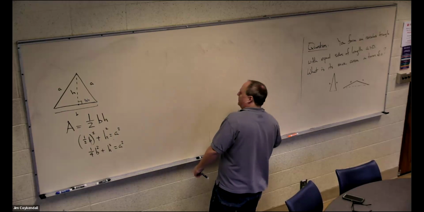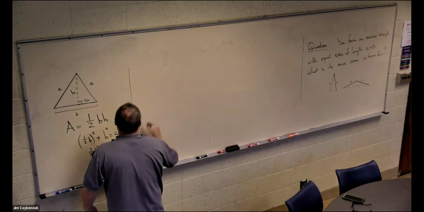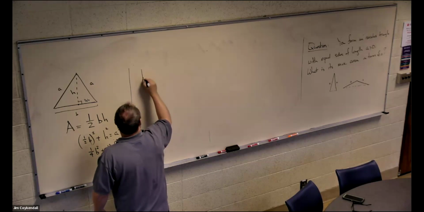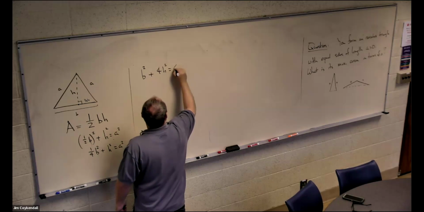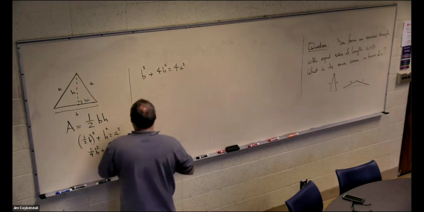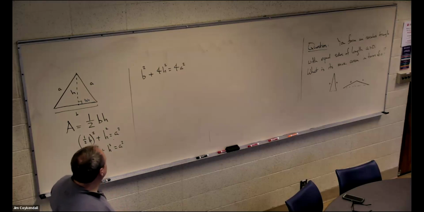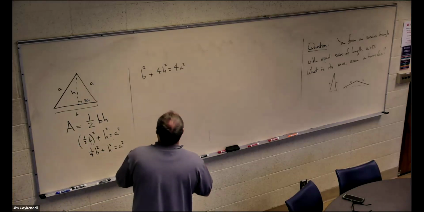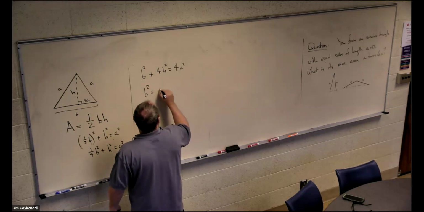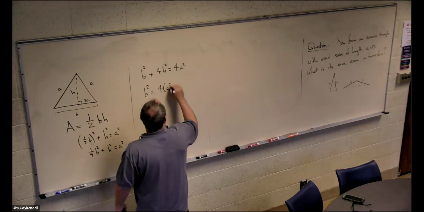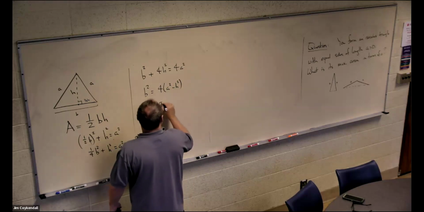You don't have to do this, but I'm going to get B squared plus 4H squared equals 4A squared, just to make it a little easier for me. And so I get B squared is 4 times A squared minus H squared.